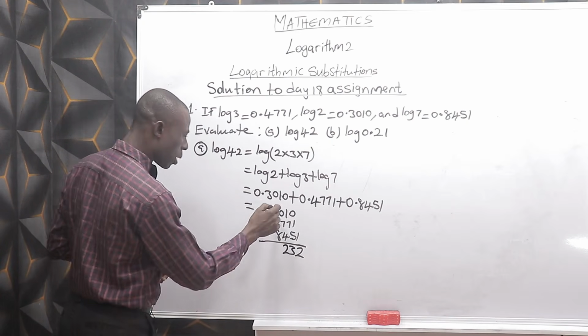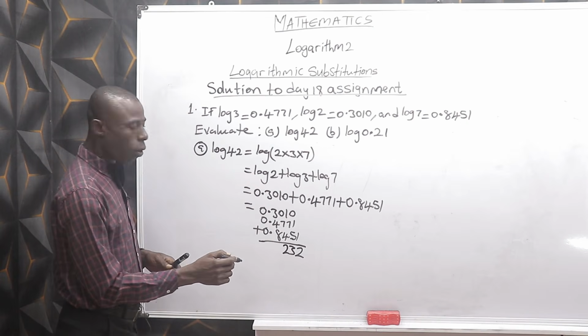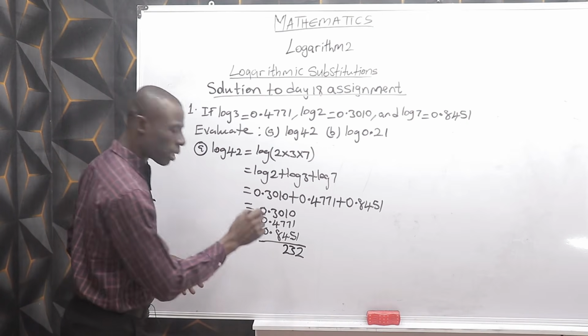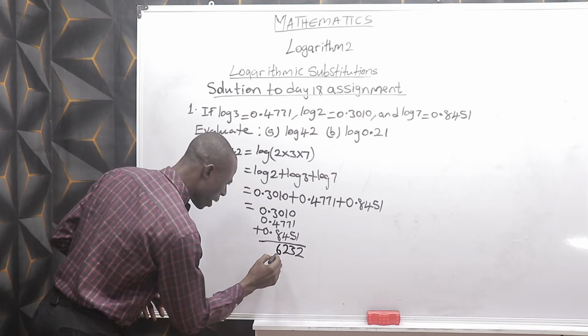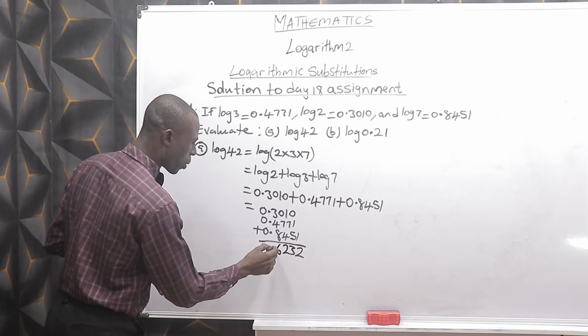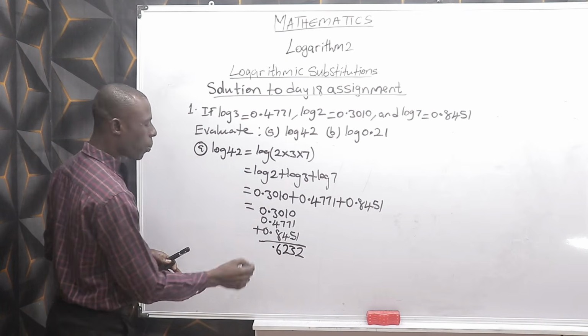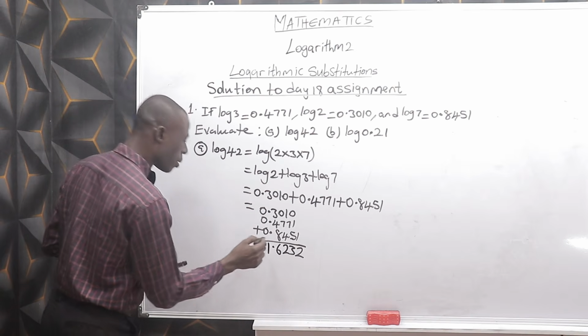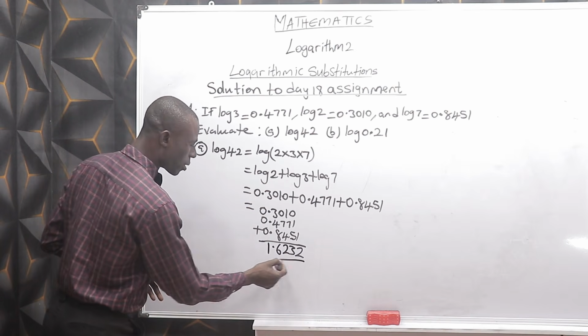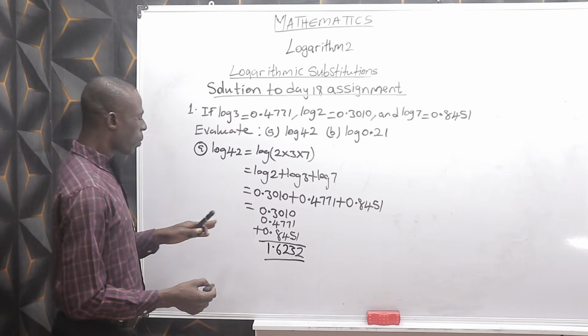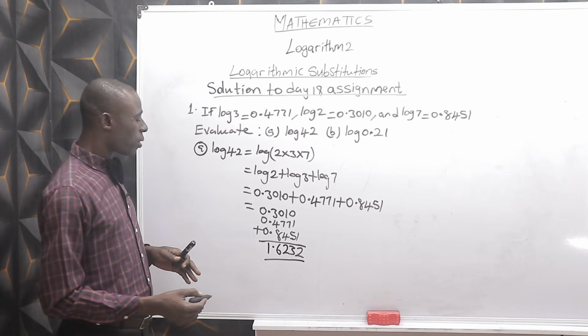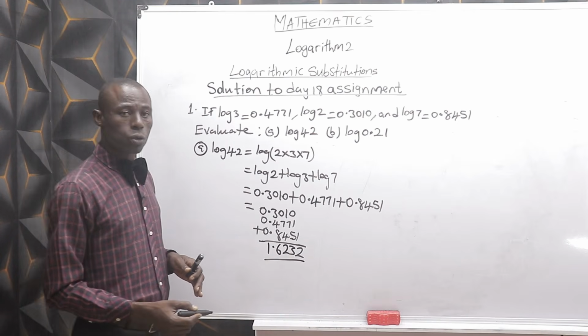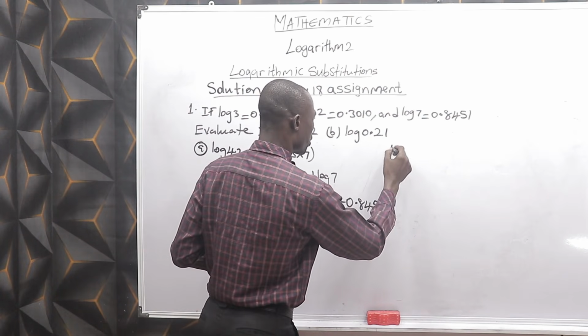The one we keep, we add to 3, making 4. 4 plus 4, 8, plus another 8, that's 16. We write 6. Keeping 1, we put our point. The 1 is added here, and this is the answer to question A: 1.6232.